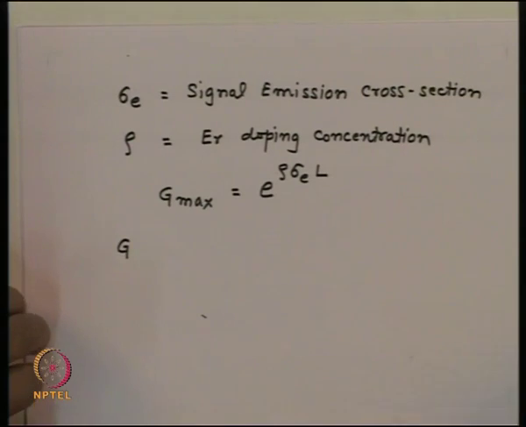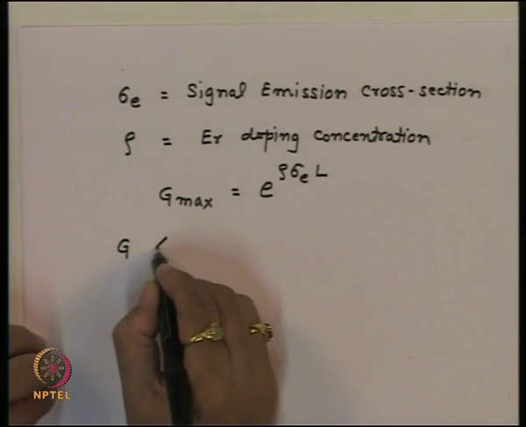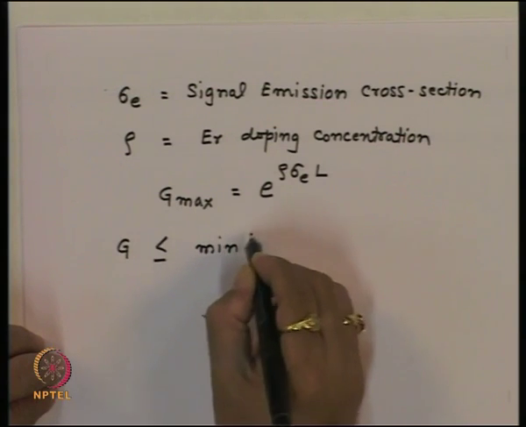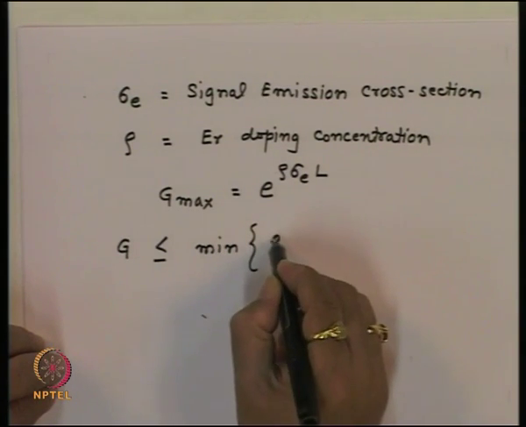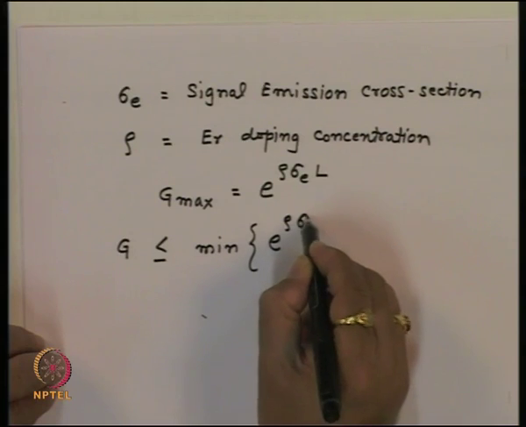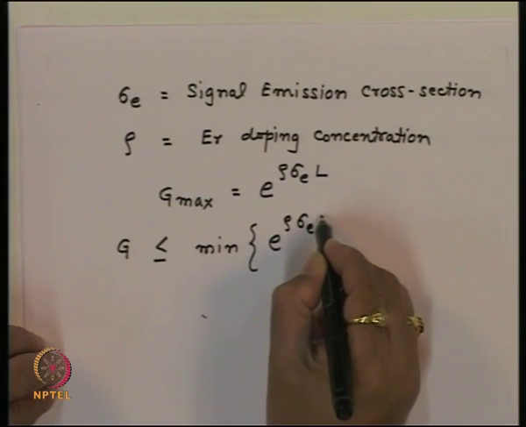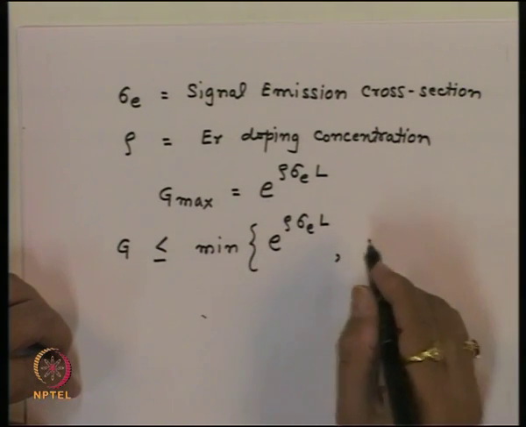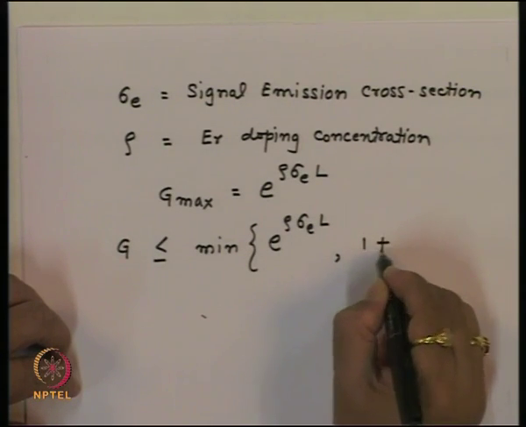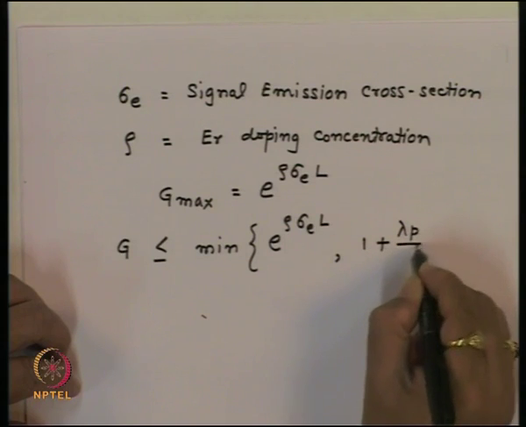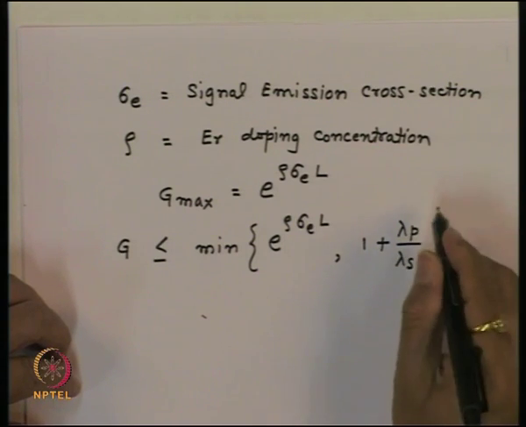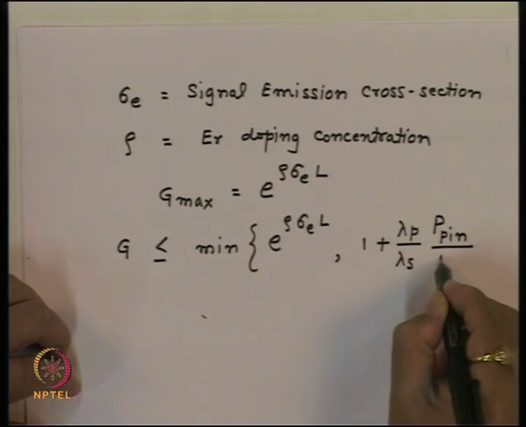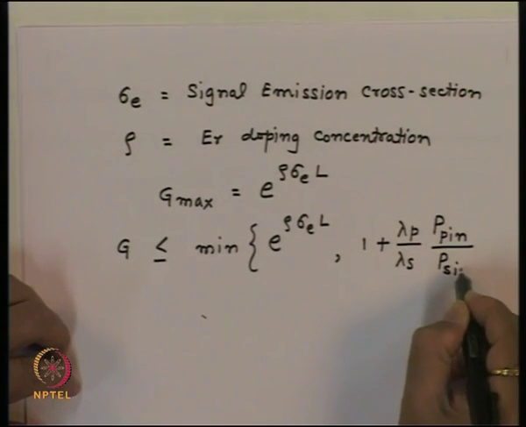So, we can have the gain which is less than or equal to the minimum of the two. One is e to the power rho sigma E into L, and the other one, which is because of the saturation effect, is 1 plus lambda P by lambda S, PP in divided by PS in.